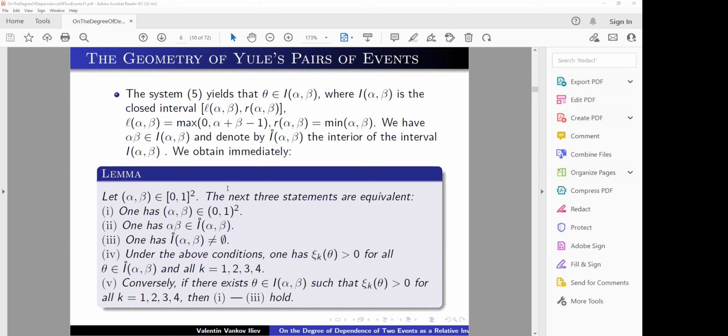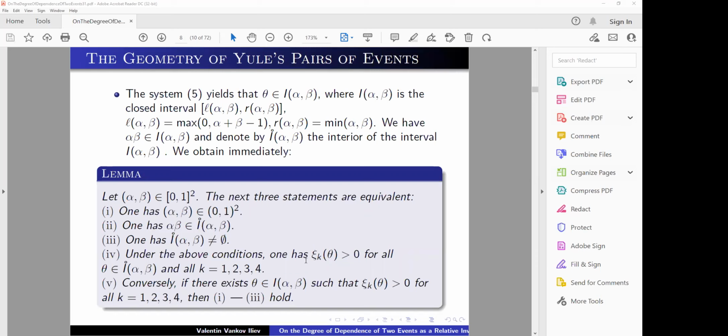So we have this lemma, which can be proved almost automatically. The following three statements are equivalent. Alpha, beta is in the square of the open interval (0, 1). This means alpha and beta are both strictly between 0 and 1. The other equivalent statement is that the product alpha beta is in the interior, and the third equivalent statement is that the interior is not empty.